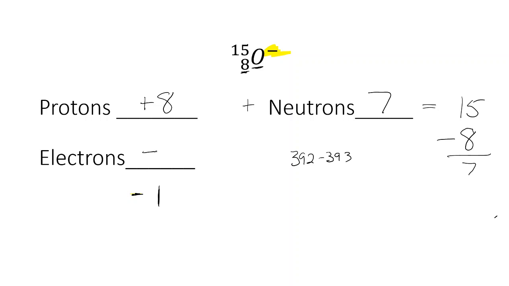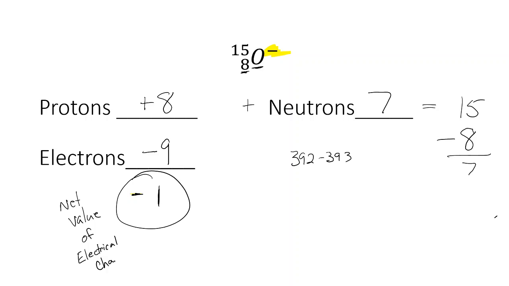So I think that I have to have 9 electrons, because negative 9 plus 8 is negative 1, because that's the net value of the electrical charge, which is right there. Okay? Okay, that's kind of basic right there. Basic little bit of isotope notation in chemistry.